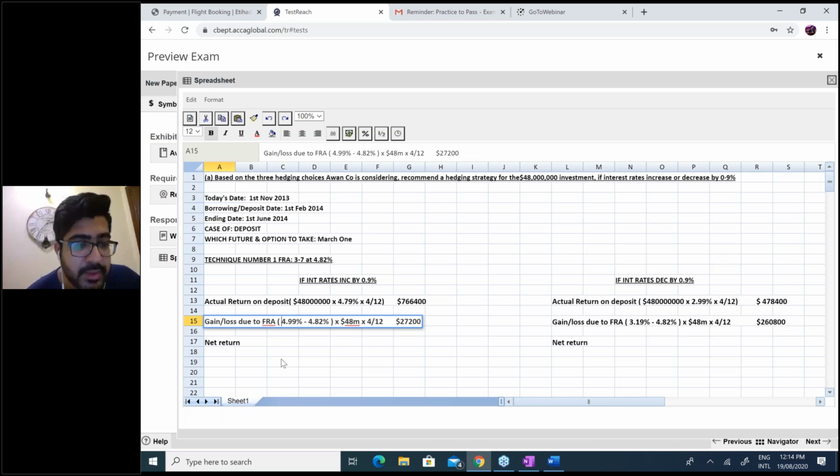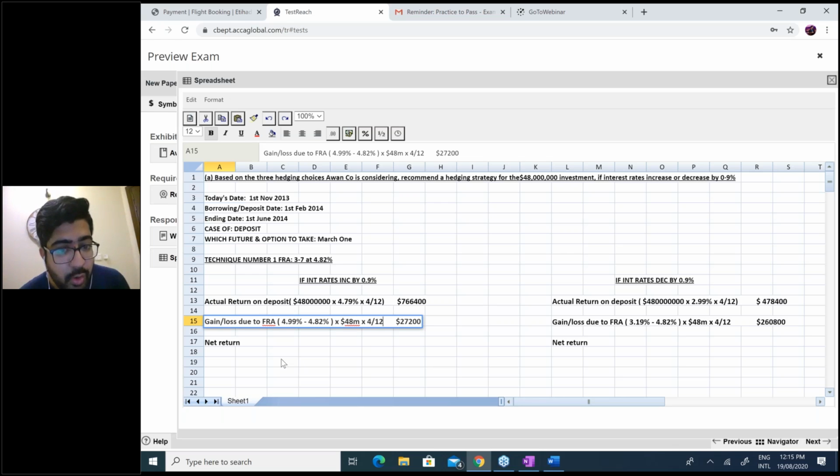You could have deposited in the real market at 4.99, but you blocked the deposit rate through FRA. You fixed the rate at 4.82. Market rates have increased to 4.99%, but you blocked the rate at 4.82. Due to rate fixation, due to FRA, did you get a gain or a loss? It's a loss because the market rates are 4.99, but you blocked the rate at 4.82. Reduced rate, you suffered loss.